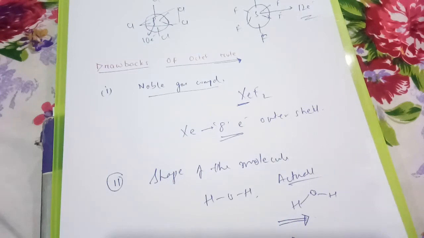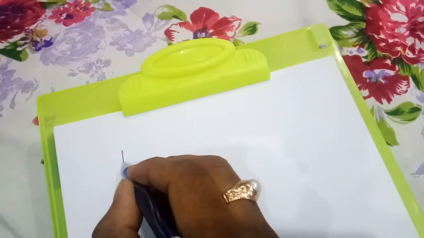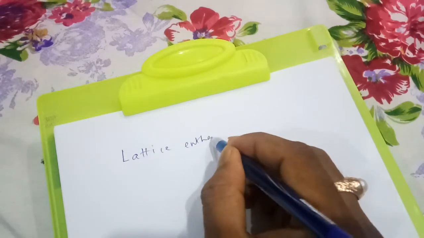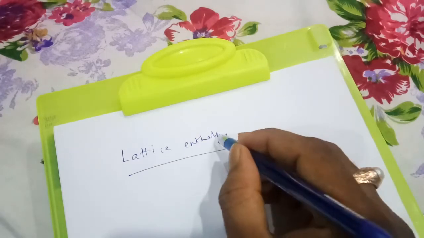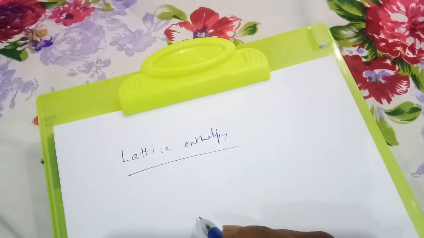Next point, what we want to start is lattice enthalpy. Lattice enthalpy is the energy required to completely separate 1 mole of a solid ionic compound into its gaseous constituent ions.